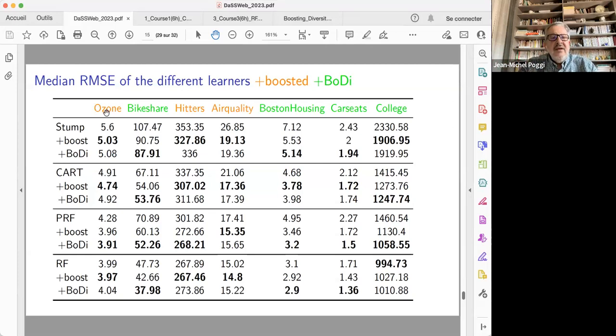In fact, here, if you consider, for example, the ozone one, you can see that in general, except for purely random forest, the result obtained by boosting is better than the one obtained by diversity boosting with kappa equal to 0.9.